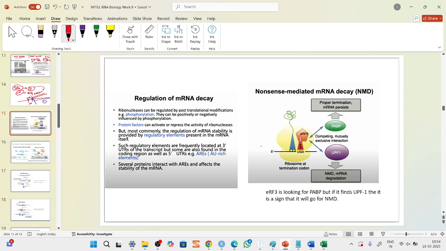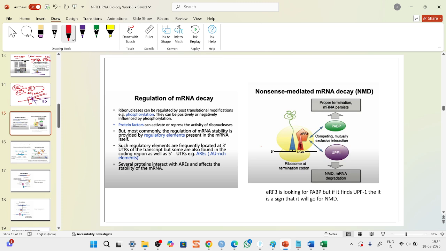So let us try to see what happens. This is a stop codon, a premature stop codon. Now this premature stop codon has ERF3. ERF3 looks for poly A binding proteins.